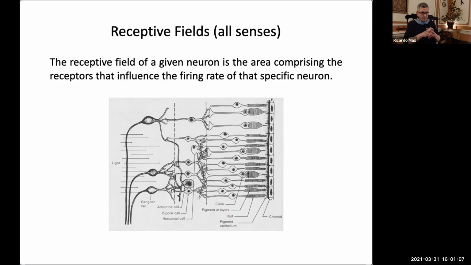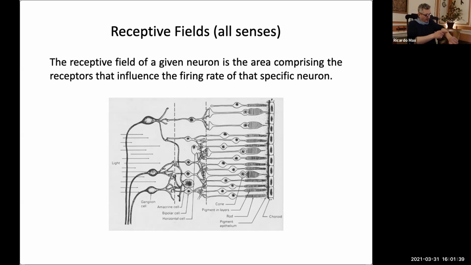Receptive fields, very important. The idea is the same for all our senses. A receptive field of any given neuron is the spatial area of the receptors that send information to it, that it is sensitive to.